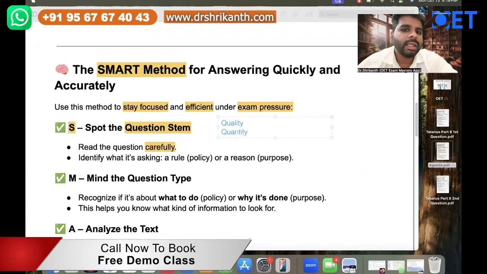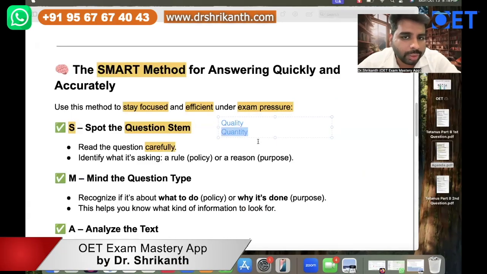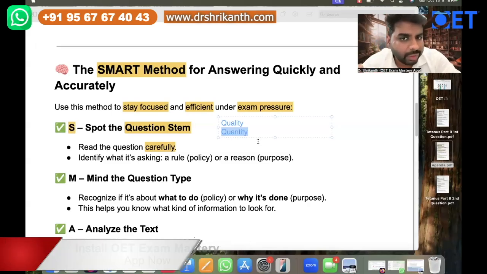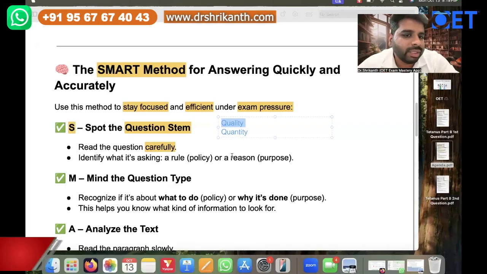Some students sacrifice quality and only give importance to quantity. They believe, okay, let me read the question 4 times. But even if you read the question 4 times, if there is no quality in your reading, if you're not trying to identify the question stem, there is no effect. But if you read the question just one time, and that is quality reading, then that is much, much better.